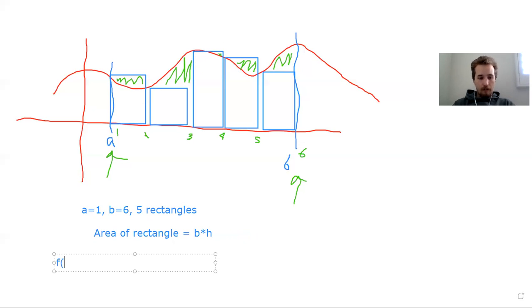So let's say f of 1, we'll call that 3. f of 2, we'll call that 2. I'm just putting in random numbers. And we're going to do a problem with these. f of 3 equals 4. I'll move it up so you can see it. I'm just putting in numbers at the moment.